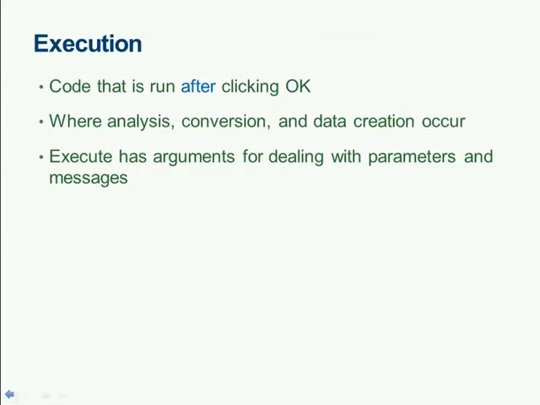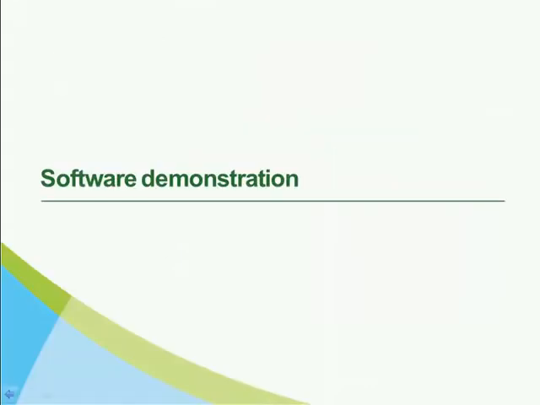Execute has arguments for dealing with parameters, so we can get the values of the parameters that have been entered by the user, and we can interact with the messages. So if we want to add a message to the result so the user can see that message, or add a warning or add an error, we can do that using this messages argument. So let's go ahead and go into the software and demonstrate building one of these tools from scratch.